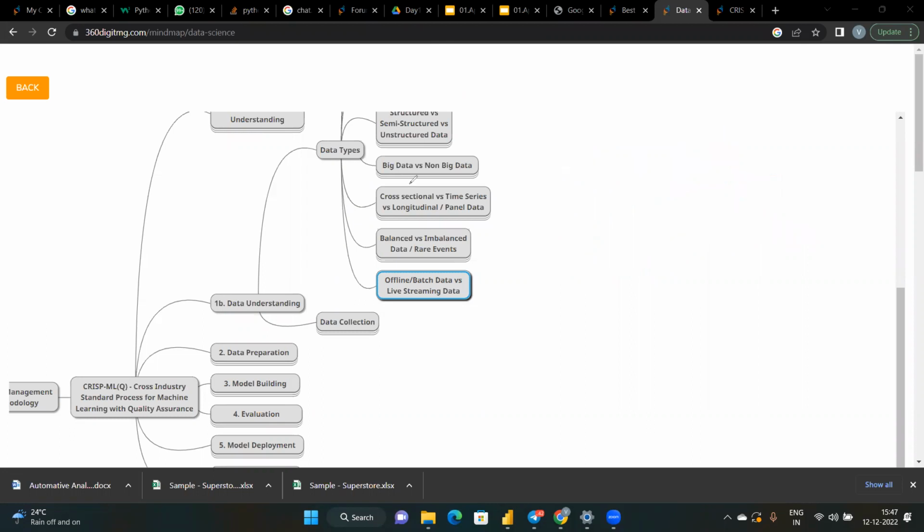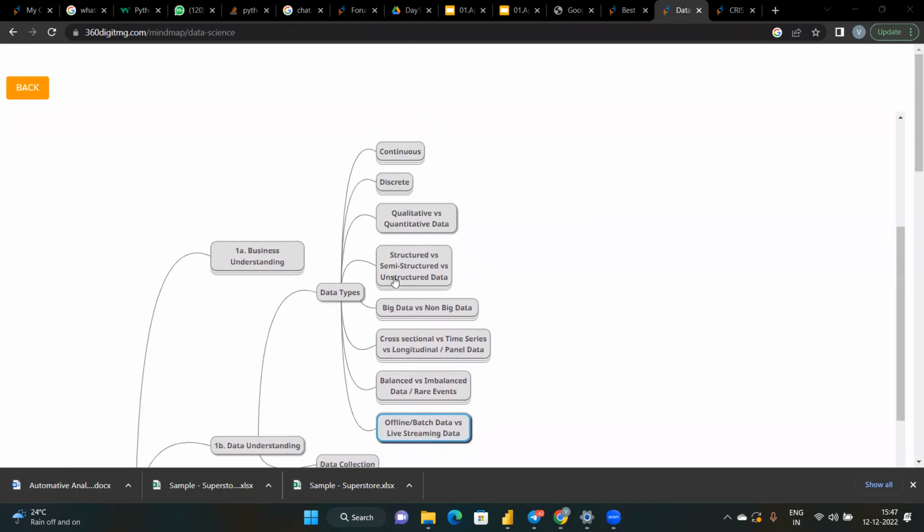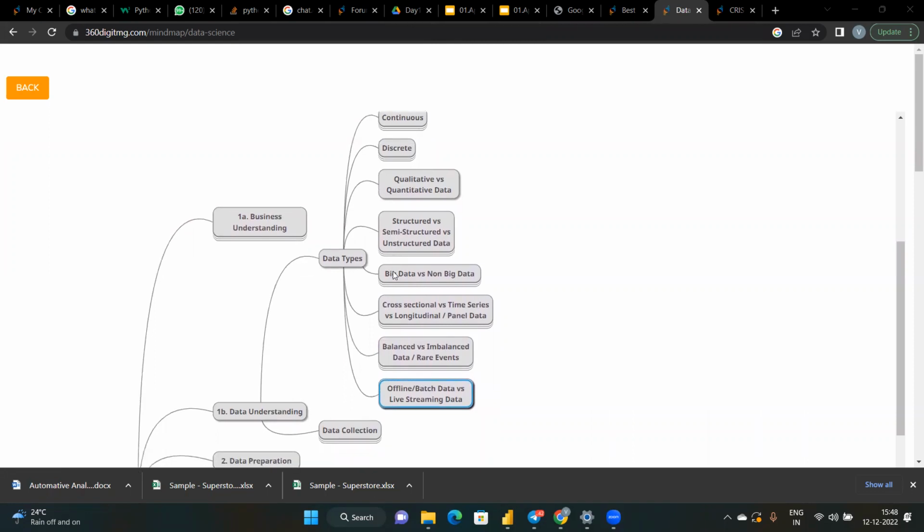Okay, guys, in today's session, we have seen the CRISP-ML methodology. What types of data do we have? We have continuous, discrete, quantitative versus qualitative, semi-structured, and so on. Why are we going to do automotive analytics? The domain always speaks about these things.